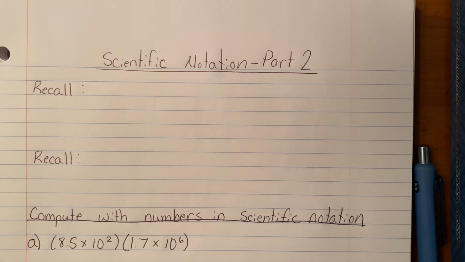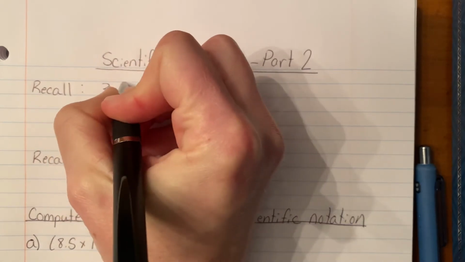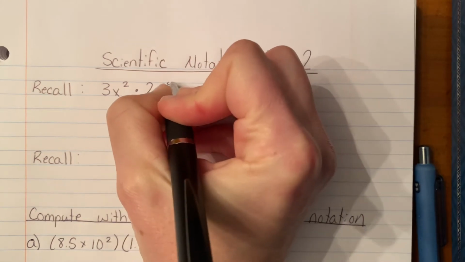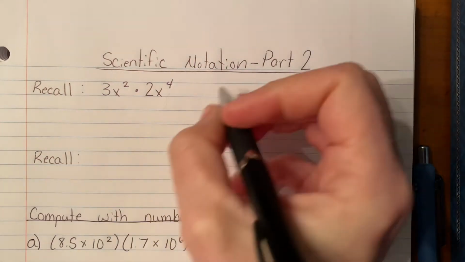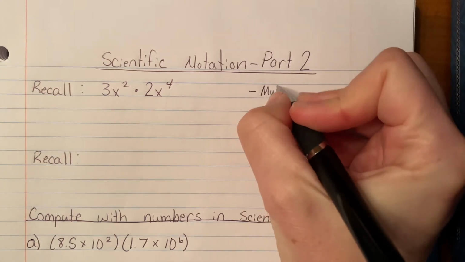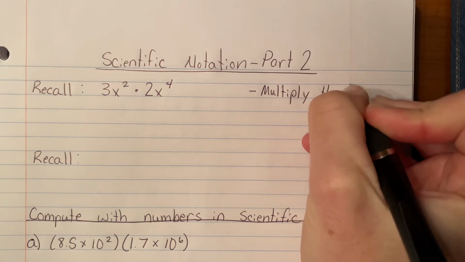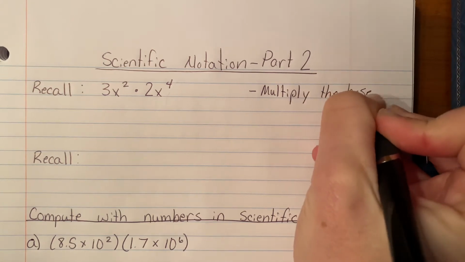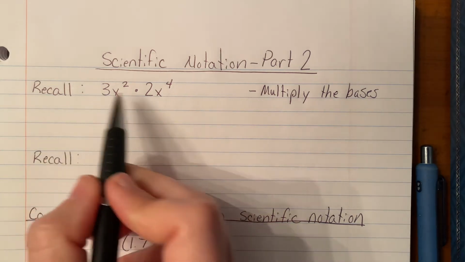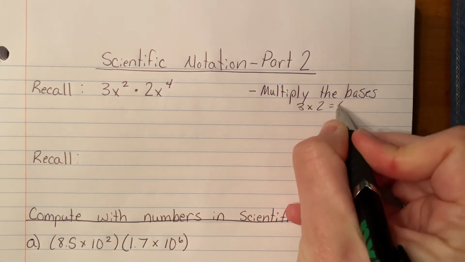So if I have 3x squared times 2x to the 4th, you need to remember that we multiply the bases. So that's going to be 3 times 2, which will give us 6.